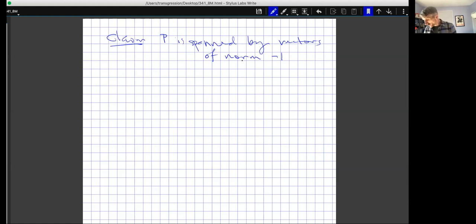But then that tells us that this plane P is the span of normal vectors of geodesics in the pencil.